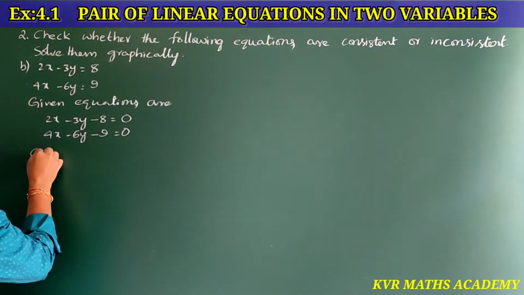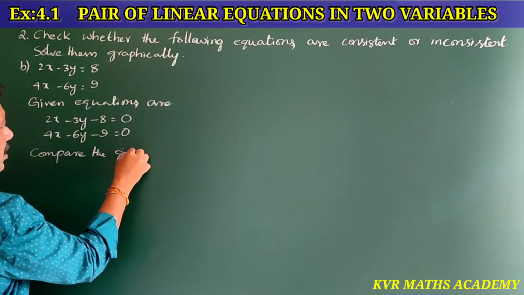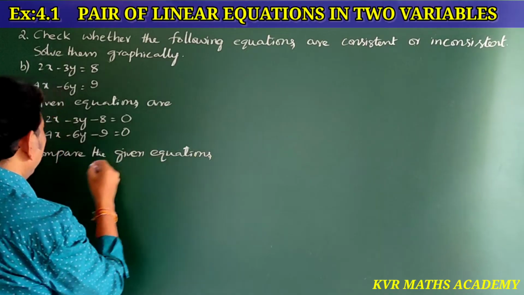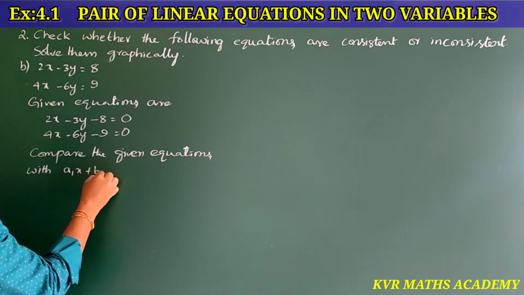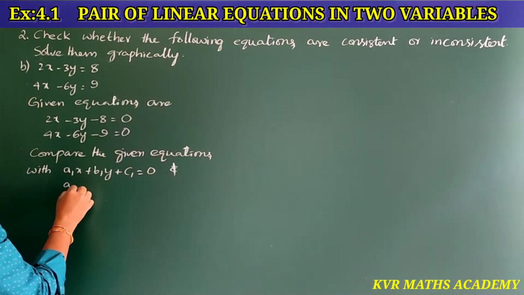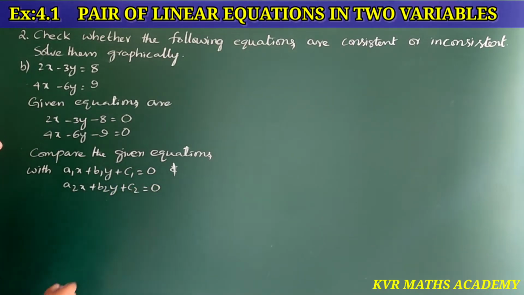Right. So now compare the given equations with a1x plus b1y plus c1 is equal to 0 and a2x plus b2y plus c2 is equal to 0, right?